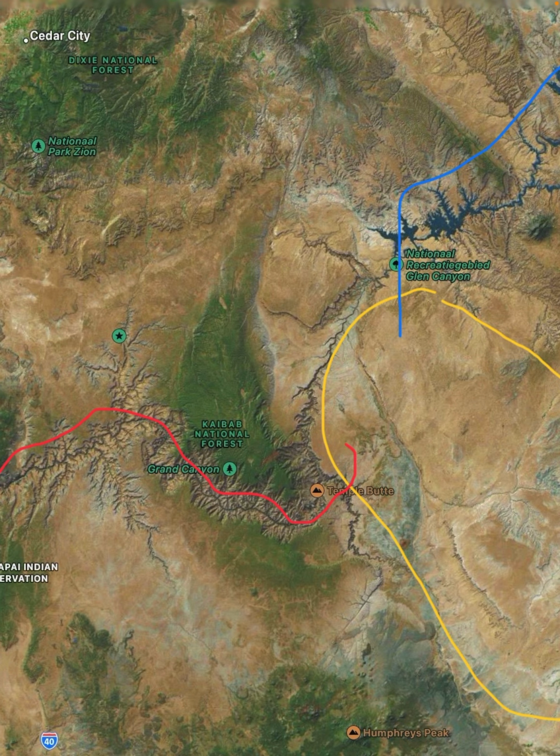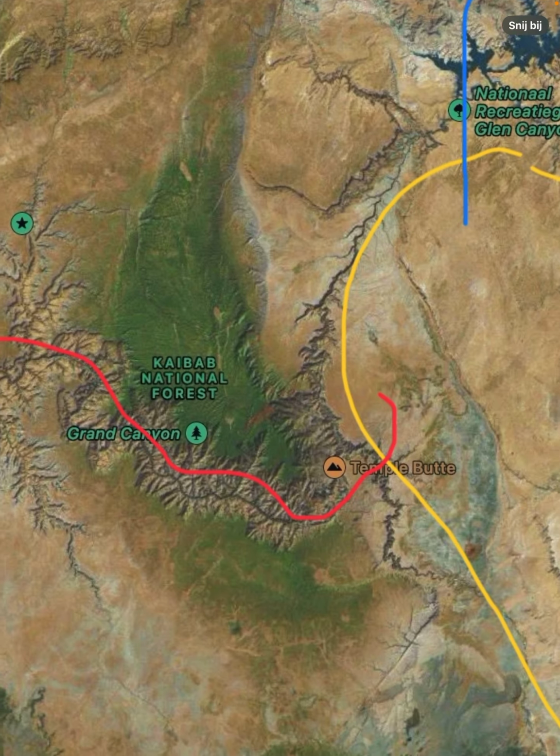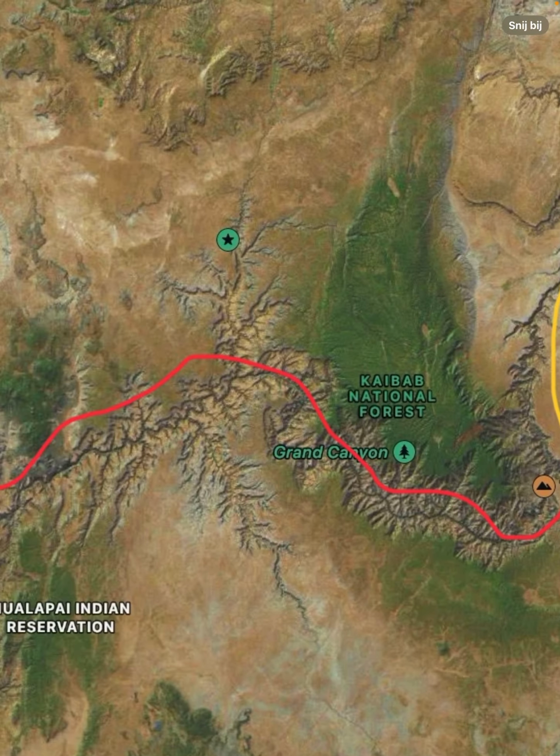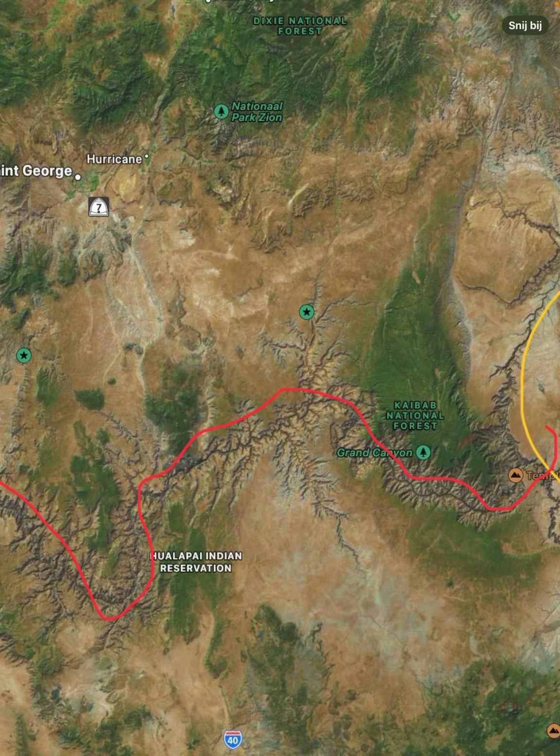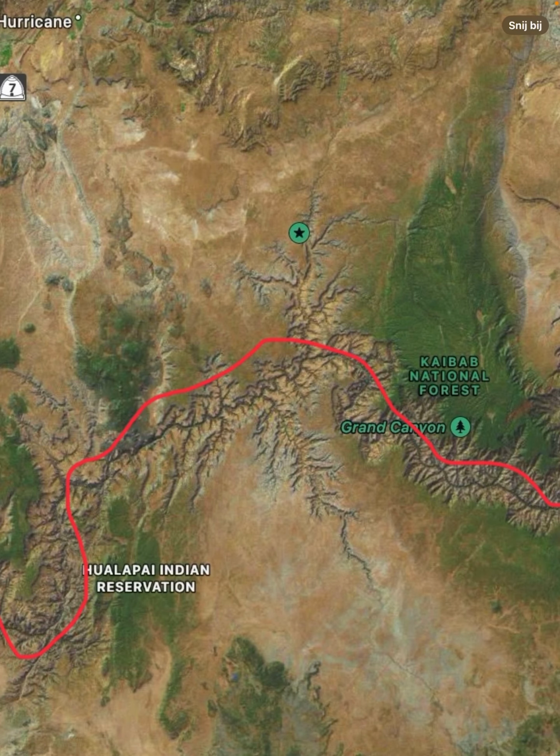So if there was a global flood, it would make sense that when the majority of the water ran off the continent, the emptying of these basins would have happened right here.